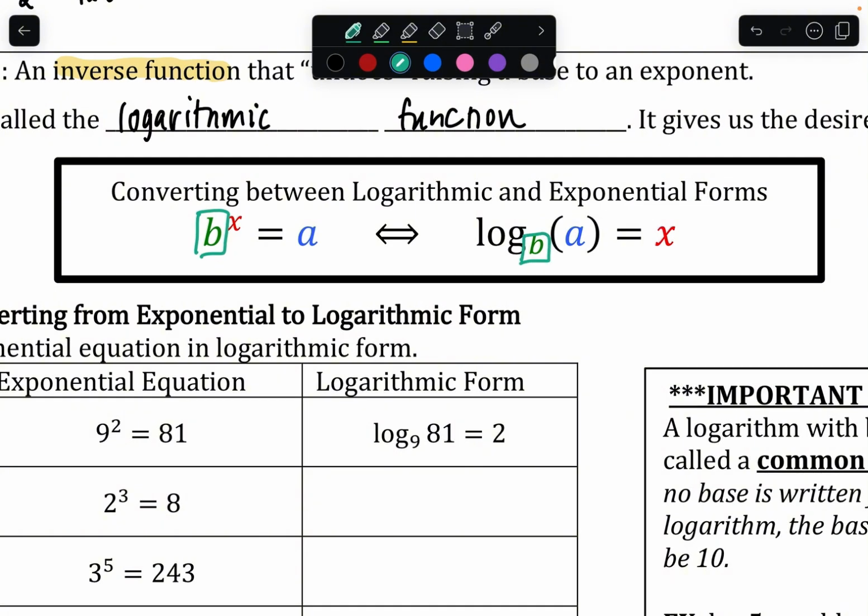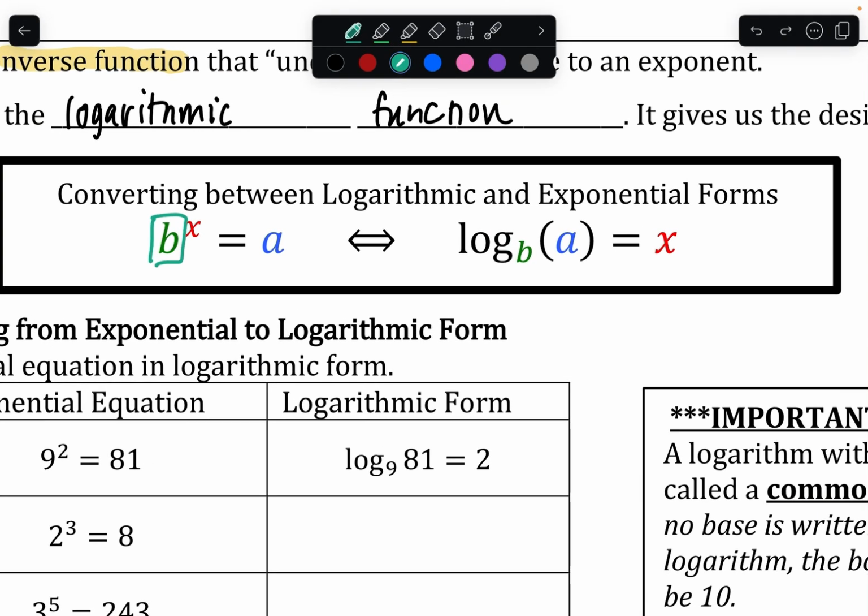That is a subscript. You want to make sure that is small and below the word log, because this is a function. Okay, the other thing you need to know is your input, your exponent, becomes your output of the log, and your output of the exponential becomes the input of your log.